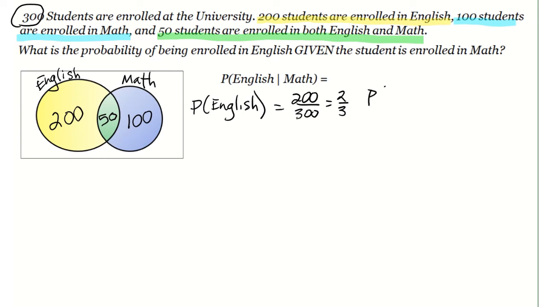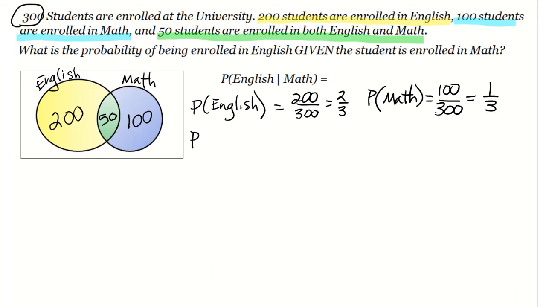Our probability of being enrolled in math is going to be 100 divided by the total number of students. So we're going to take the number of the element, divide it by the total number, and that's going to give me 1/3.